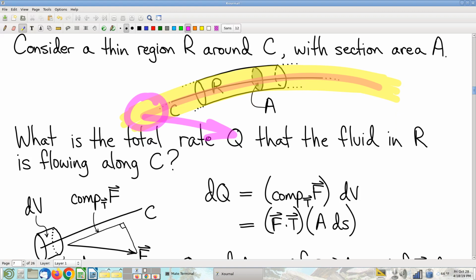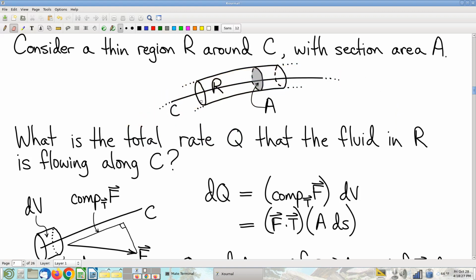To some extent, this being the velocity, it's moving kind of perpendicular to the curve. And I want to talk about the extent to which we are flowing along the curve. That's what's going to end up relating to line integrals. This is the new physical quantity that we're going to get interested in, largely because it's what vector line integrals compute.